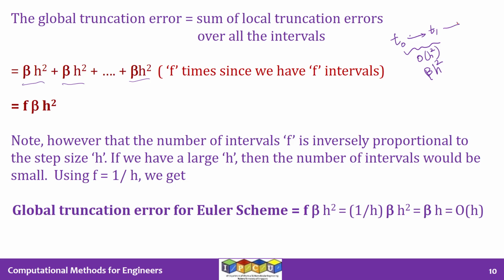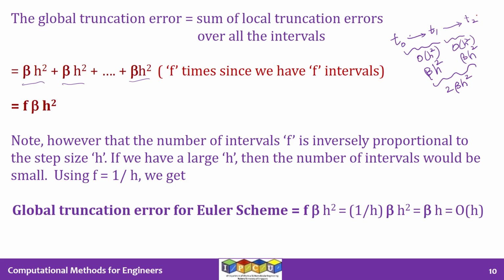When you go from t1 to t2, again, the local error is going to be of the order of h squared, so that is also beta h squared. Now, in going from t0 to t2, we have a total error which is equal to 2 beta h squared.